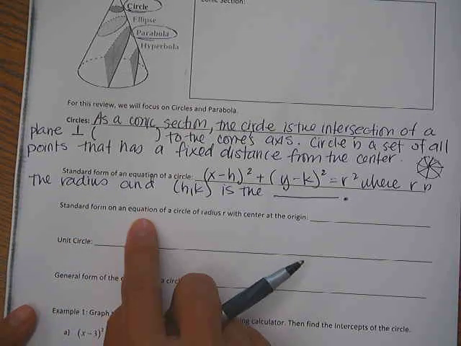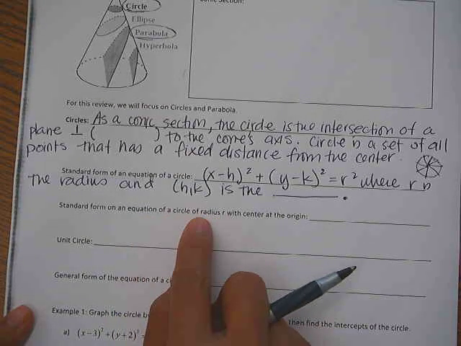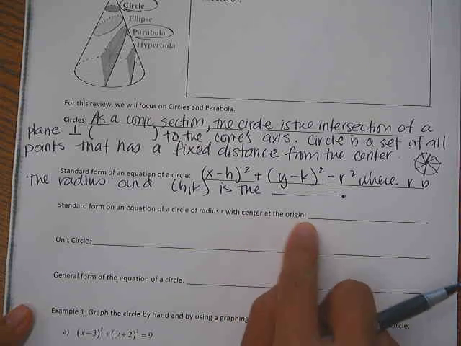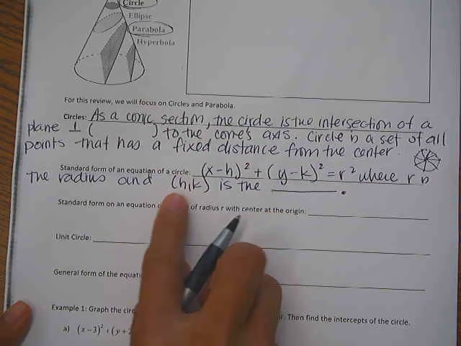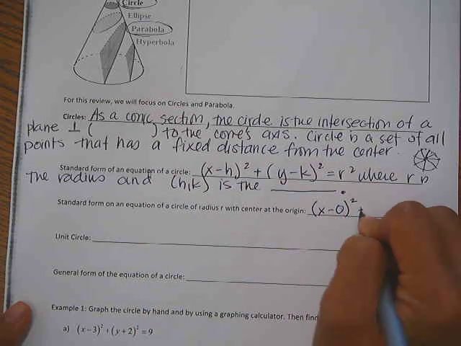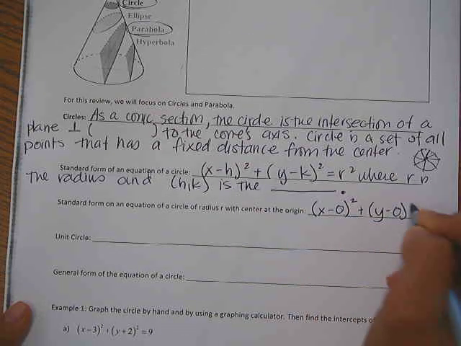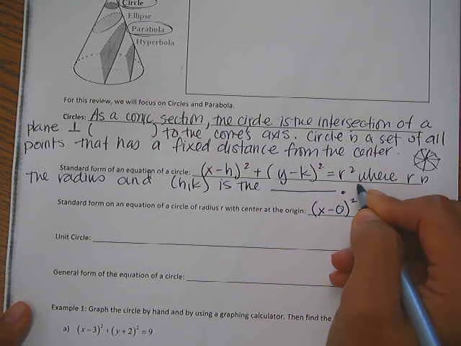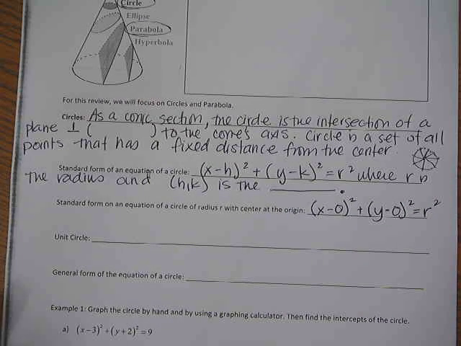Now the standard form of an equation of a circle with radius r and the center at the origin. The origin just means that h is 0 and k is 0. So normally I could write it this way: (x minus 0) squared plus (y minus 0) squared equals, my radius is still r, so r squared.